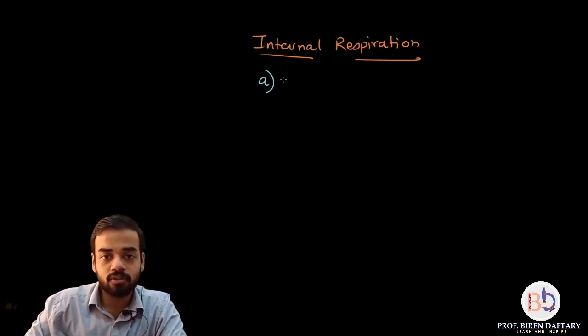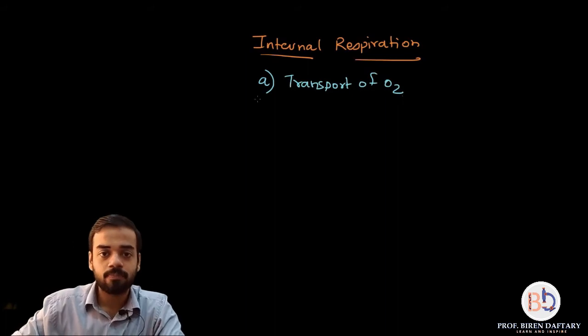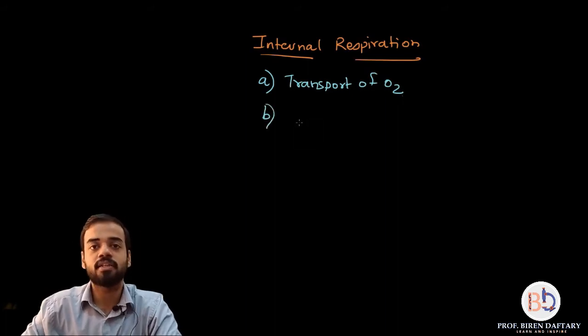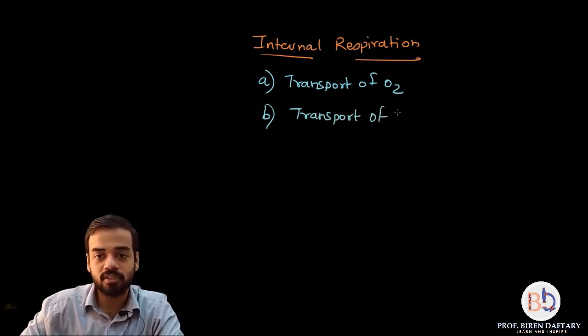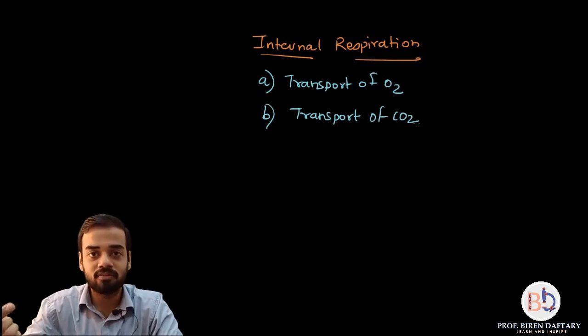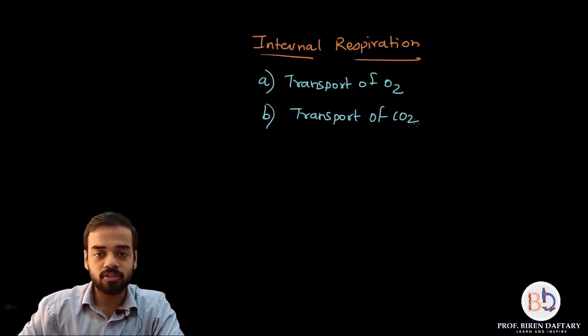First is transport of oxygen, that is, how oxygen is transported from the lungs to the cells. Second is transport of carbon dioxide, which deals with the carbon dioxide generated at the cells and how it is transported to the lungs. So we are going to study these two things.